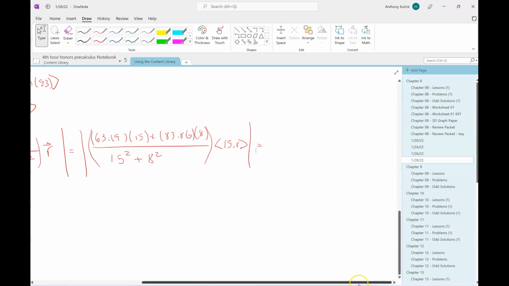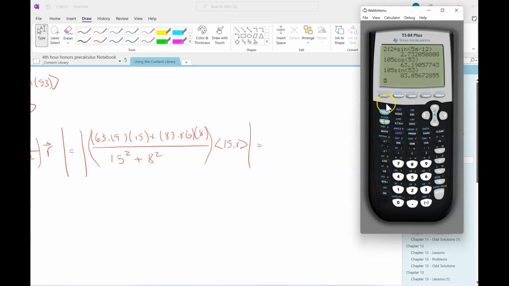So I'm going to call on my calculator here to help me out for a moment. So 6319 times 15 plus 8386 times 8 divided by 15 squared plus 8 squared. So that's 506, and now I have to multiply that number by 15, and then by 8.